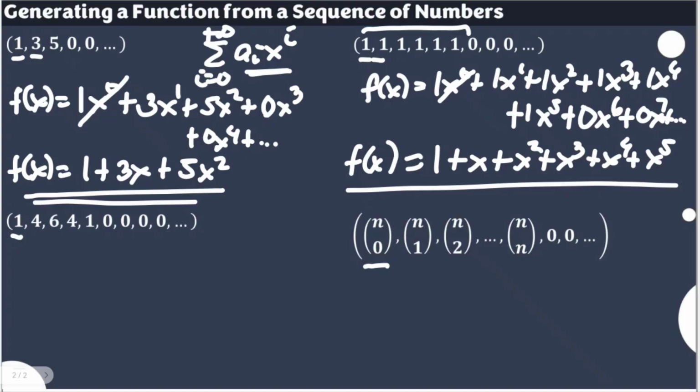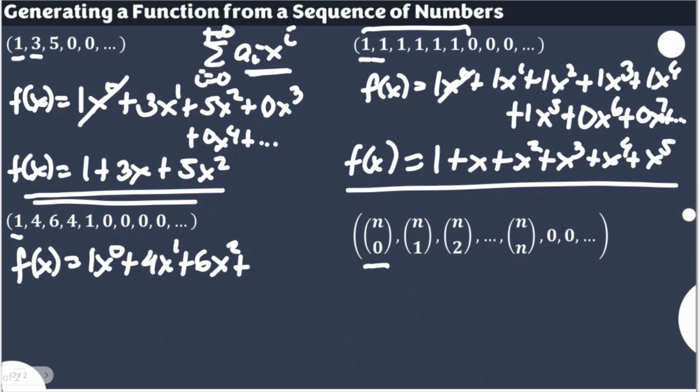Let's continue with the third one. Again, you will have here 1x to the power of 0 plus 4x to the power of 1 plus 6x to the power of 2 plus 4x cubed plus 1x to the power of 4 plus 0x to the power of 5, and so on and so forth.